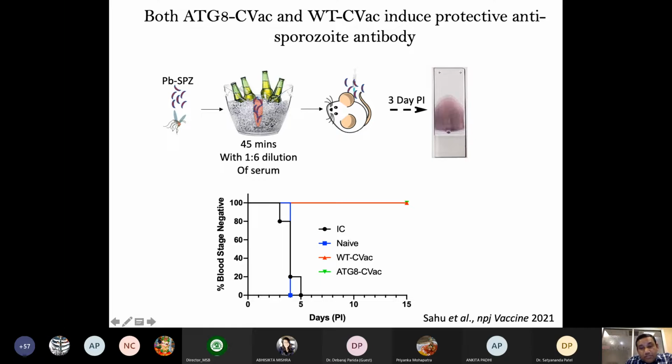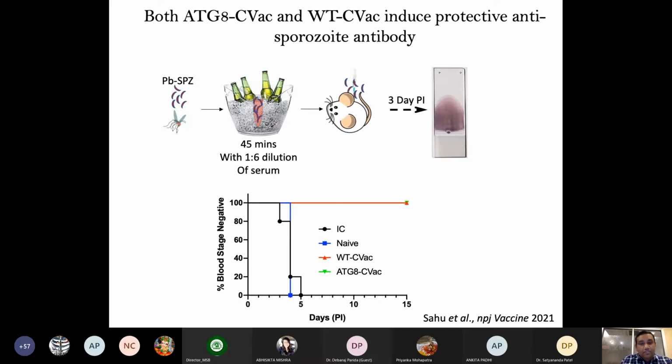What we observed was that the black and blue lines in this graph are the infection control and naive. All of them became positive. But with the wild type and ATG8 CVAC, none of them became blood stage positive. This tells us that these antibodies are protective. They can bind to the sporozoite and neutralize it, so it cannot cause successful blood stage infection. So now we know that antibodies are also protective.